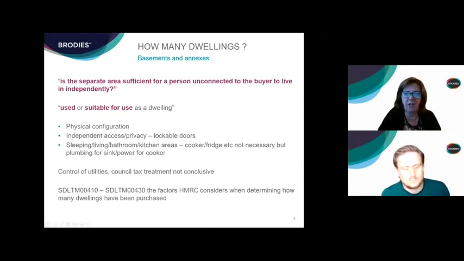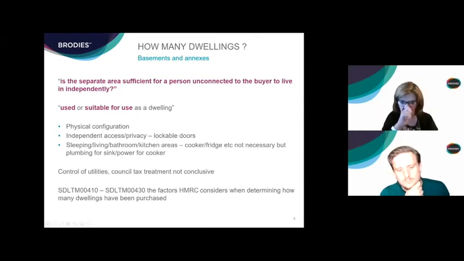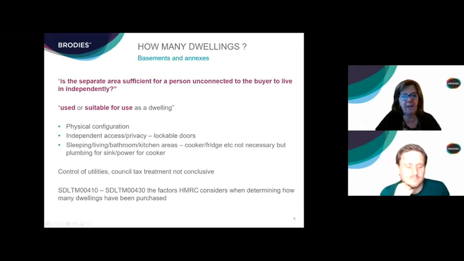For the kitchen, there doesn't necessarily need to be all the white goods and so on that you would need, but there needs to be plumbing and so on for a sink and power for the cooker and so on, so that you could actually use it as a kitchen. And some of the recent tax tribunal cases have been about the insufficiency of things in the kitchen area to be able to actually operate it as a kitchen.